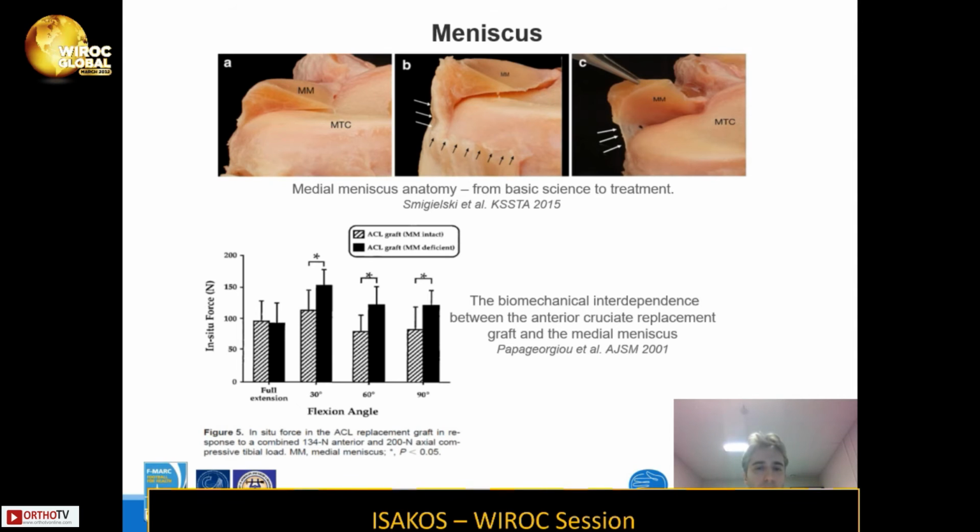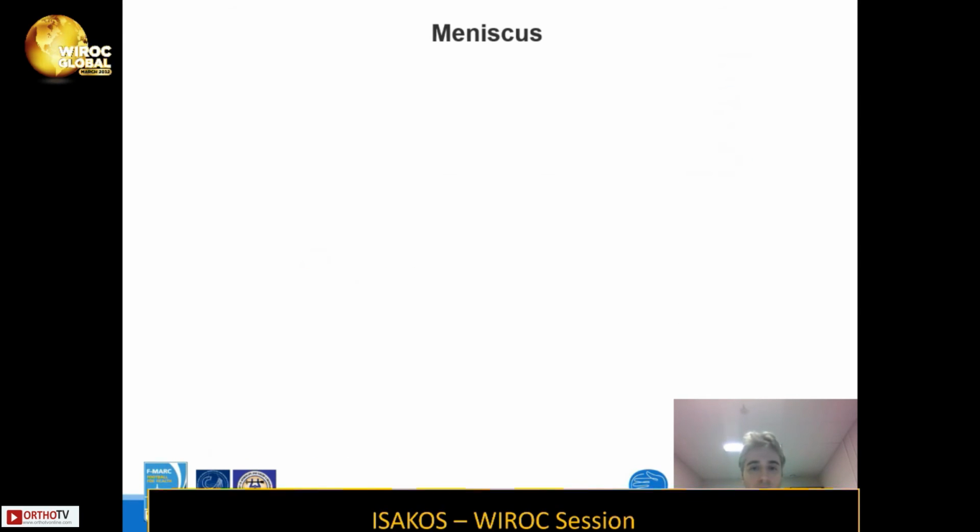And this paper by Papageorgiou showed that there is also a strong biomechanical interdependence between the ACL replacement graft and the medial meniscus. If we remove the medial meniscus, there is an increased stress, an increased force, at all flexion angles in the ACL graft. So there is a higher risk of failure.